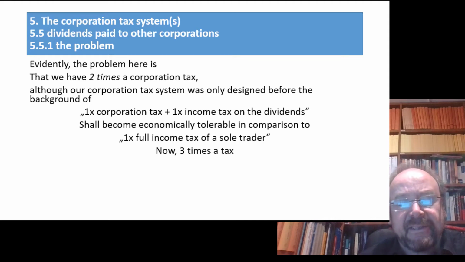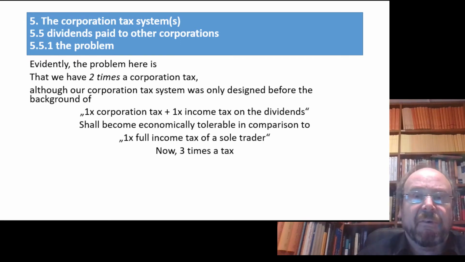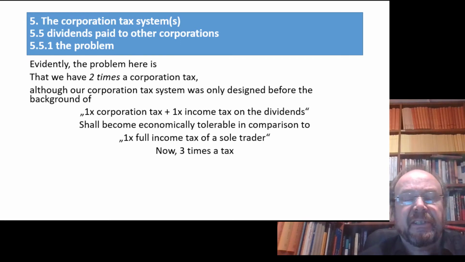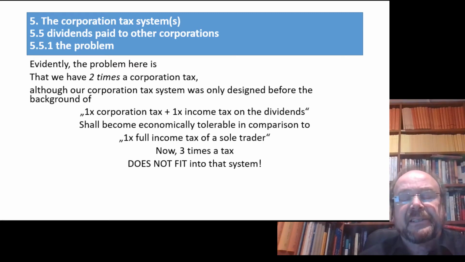And now this second corporation tax comes on top and spoils the whole system. Everything goes into the waste bin. The system can't work anymore. We have a grave disparity in the total fiscal burden on the 2 ways you can invest: corporations and a group, and the other alternative, sole traders and partnerships. So 3 times a tax burden doesn't fit into that system.